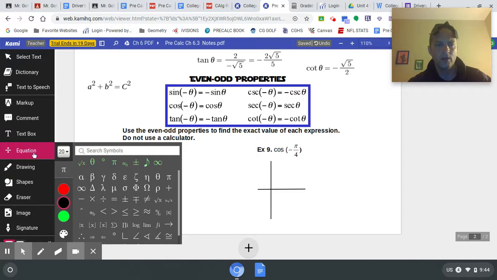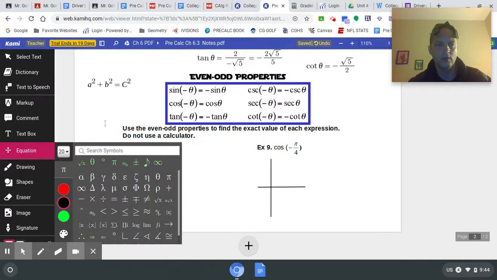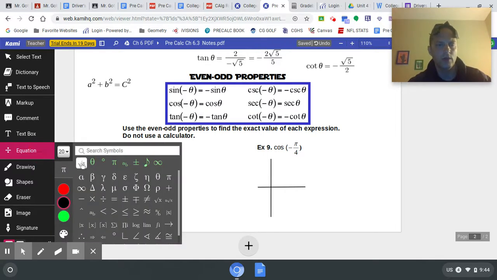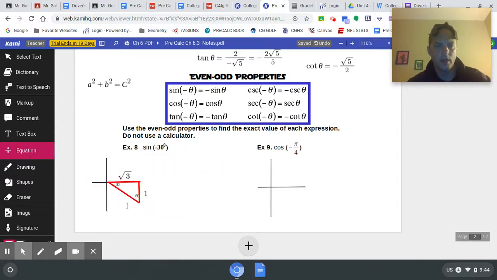Bring this guy down so we can see it. Across from 30 we know is 1. Across from a 60 we know is a square root of 3, and across from the 90 is a 2.